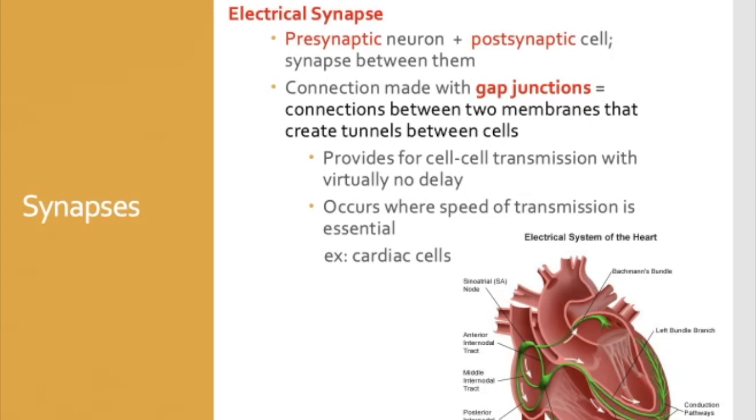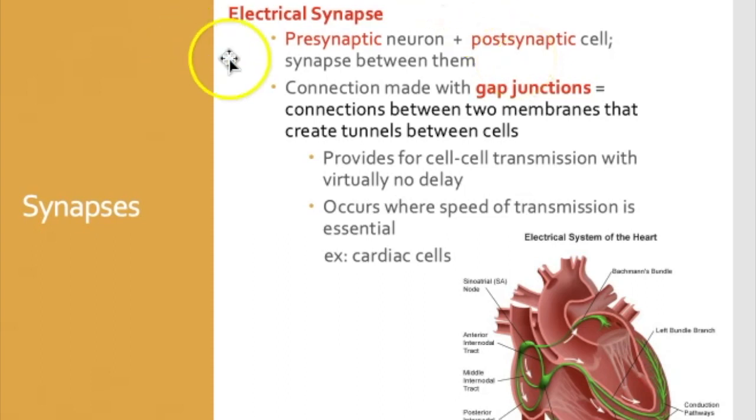The points where a neuron comes in contact with the next structure are called synapses. In the lecture, we described the presynaptic cell and the postsynaptic cell. In other words, the first cell, the one that comes to the synapse, and then the second cell, the one that's after the synapse. Presynaptic and postsynaptic.